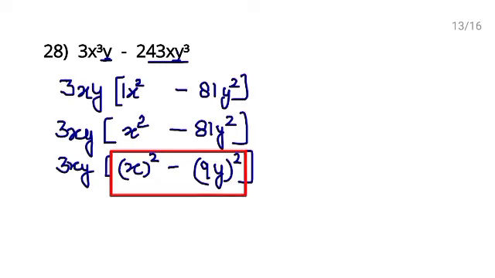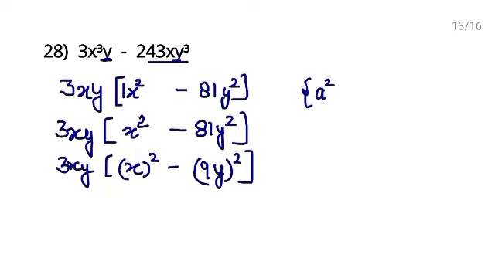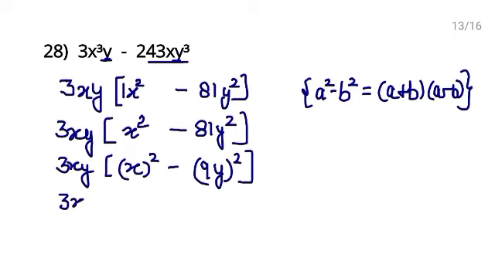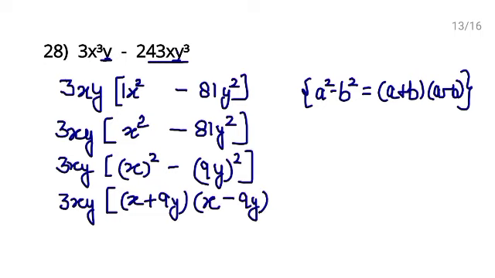Now this is in the form of a square minus b square. It means difference of squares. So we will use the identity a square minus b square is equal to a plus b into a minus b, right? So this is 3xy, a plus b: what is a here? x plus b is 9y, into a minus b: what is a? x minus b, that means 9y.